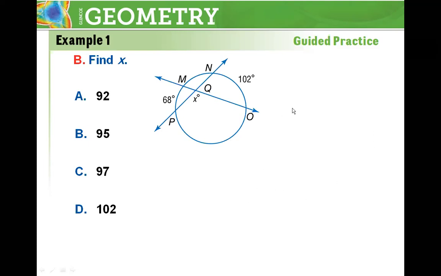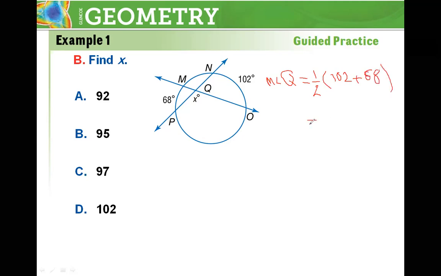First we are going to get angle Q, because angle Q and angle X are supplementary. So the measure of angle Q equals half of 102 plus 68, which is half times 170.